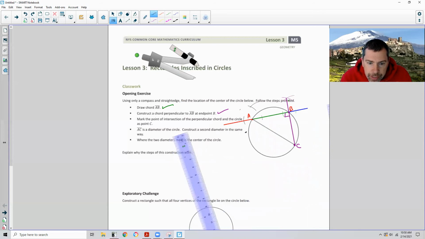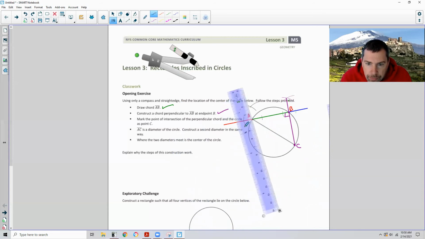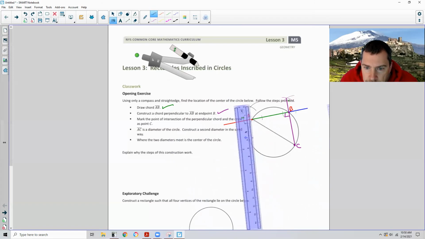So now I'm going to do that. So I put my 0, line it up with here. So I'm drawing a line segment through this arc here, through A, and continuing down until I get to the edge of the arc.